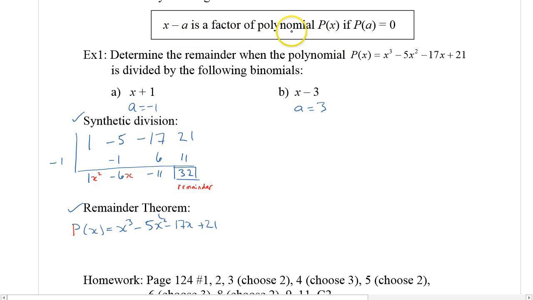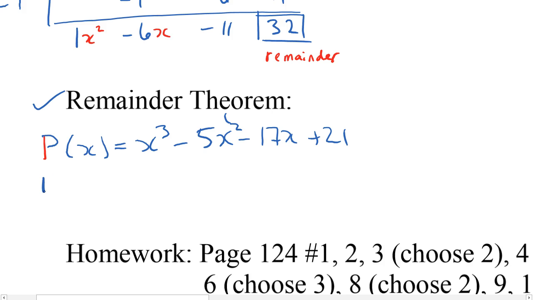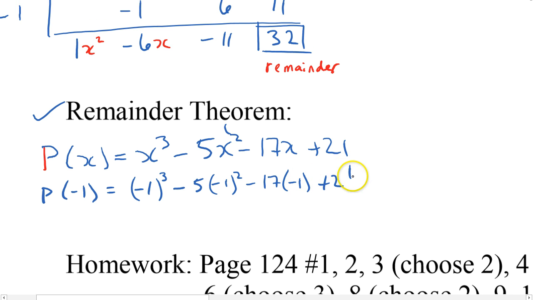If x minus a is a factor, then I plug in an a. So I'm going to plug in that -1 and evaluate p of -1. Wherever I saw an x, I put in a -1. So I get -1 cubed minus 5 times -1 squared minus 17 times -1 plus 21.